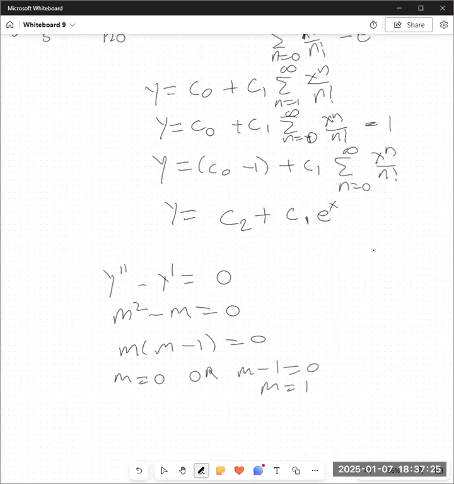So y equals C1 e to the 0x, which is just C1, plus C2 e to the 1x, which is e to the x. And you can see that they're the same answer. I had to do a little bit of work here to make them look identical, but that constant just goes over into the C0 part, and the C1 part has all of the e to the x terms in it.